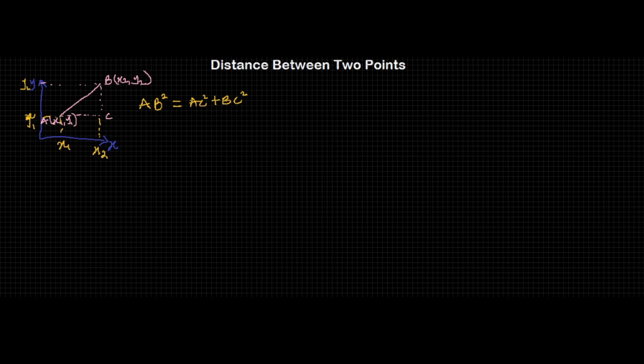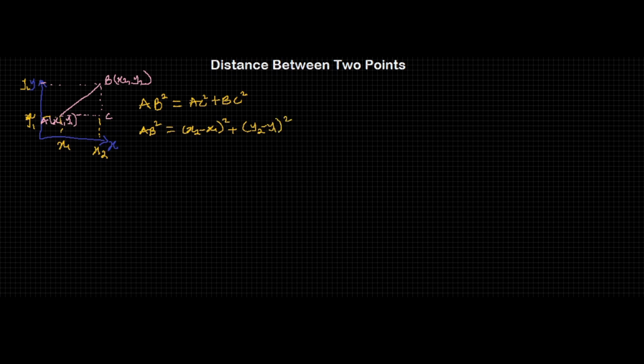AC is representing change in x, which is x2 minus x1 all squared, plus BC squared, which is representing change in y, which is y2 minus y1 all squared.